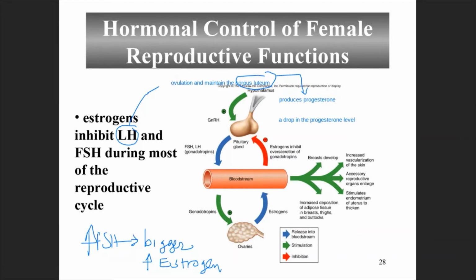Because the corpus luteum disappears. It becomes corpus albicans, the white body instead of the yellow body. The yellow body is to produce the progesterone. If it disappears, it becomes corpus albicans.